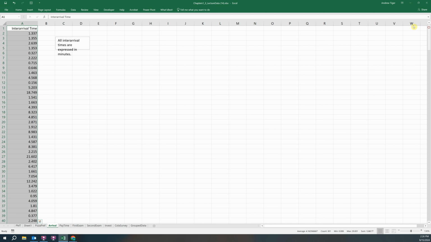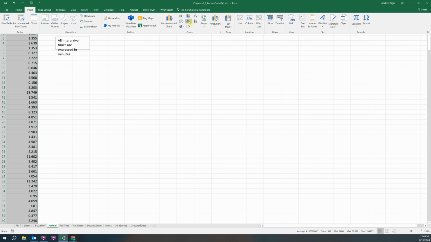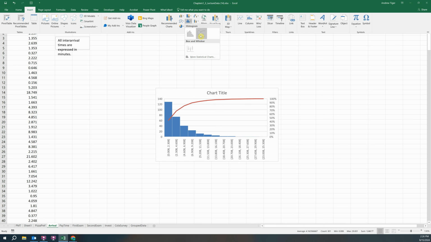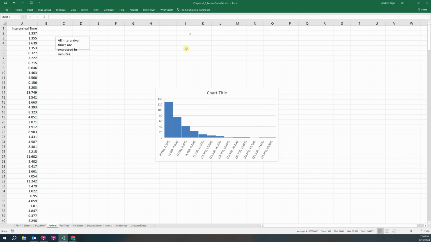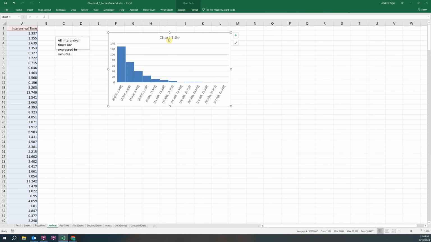I'm going to get back up to the top, but I have the data highlighted, and then I go under Insert, and this is a new feature, or fairly new, a stat chart, and this is the one you want. You do not want this. Don't do this. This is the one you want. This is a histogram of inter-arrival times. So what we built was a histogram of inter-arrival times.